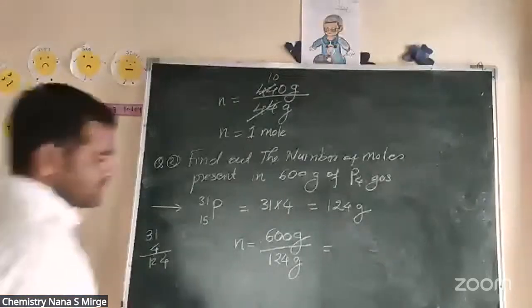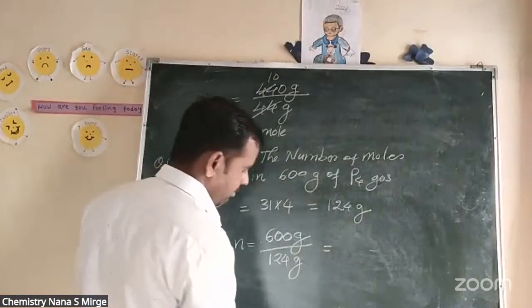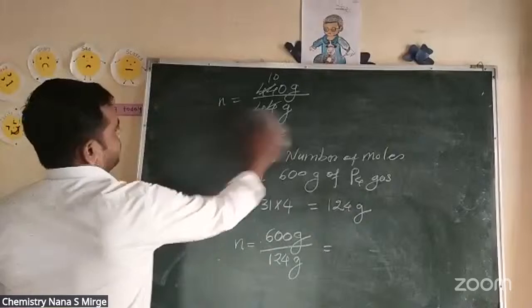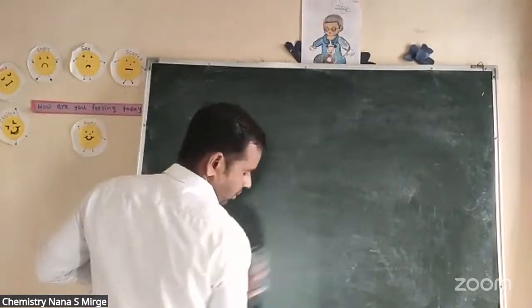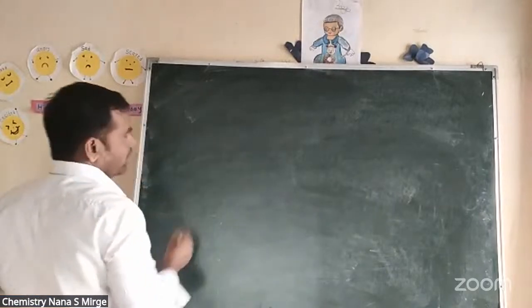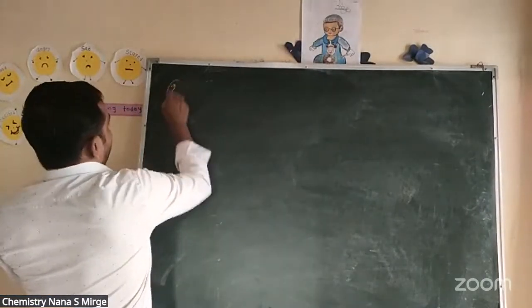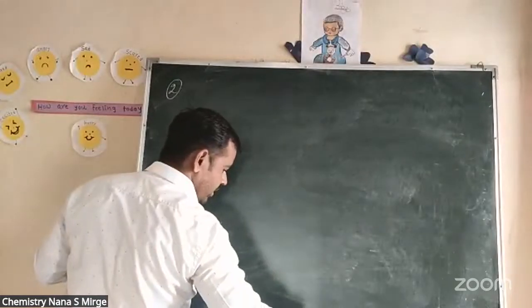Okay, we have some other formulas for your practice. We will not only use this formula, there are other formulas as well. The second formula is the number of molecules.